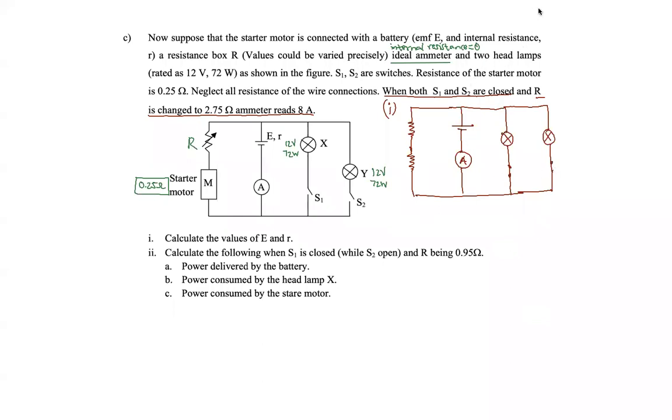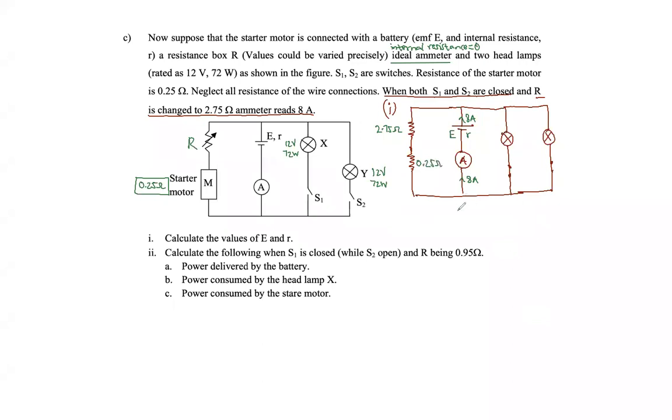They have mentioned that the ammeter is reading 8 ampere. So we can consider that a current of 8 ampere is flowing through the battery and the ammeter. And the battery has an EMF of E and resistance of R. And this one now is 2.75 ohm.